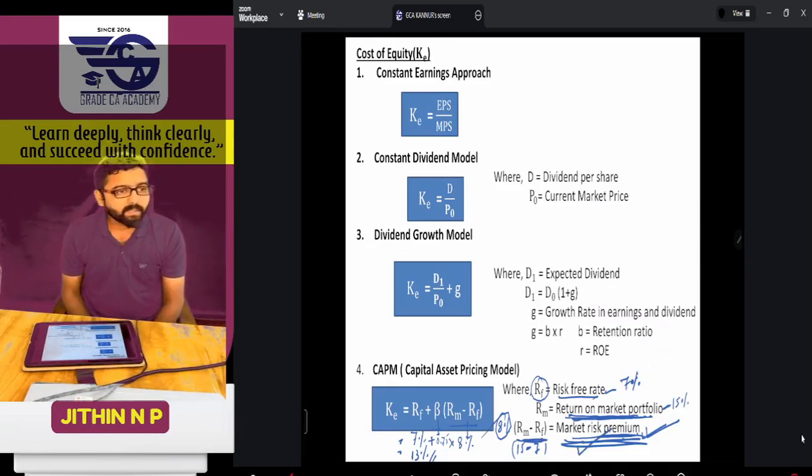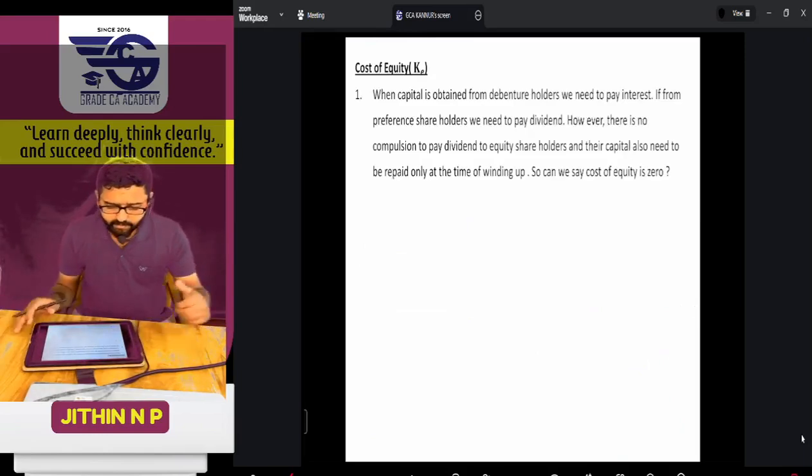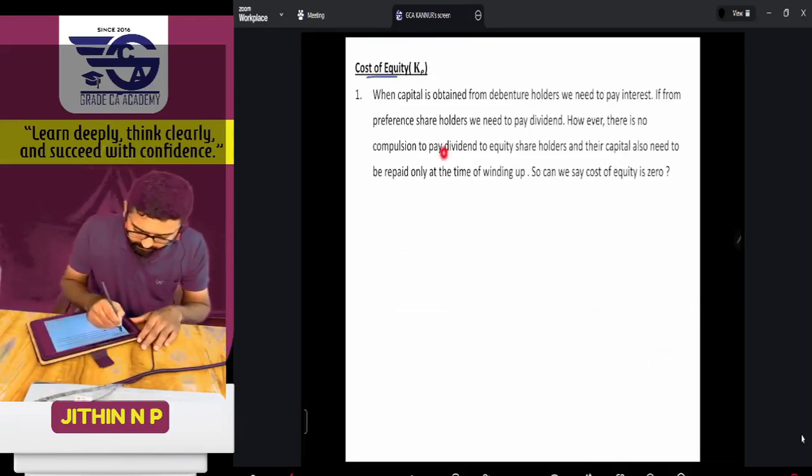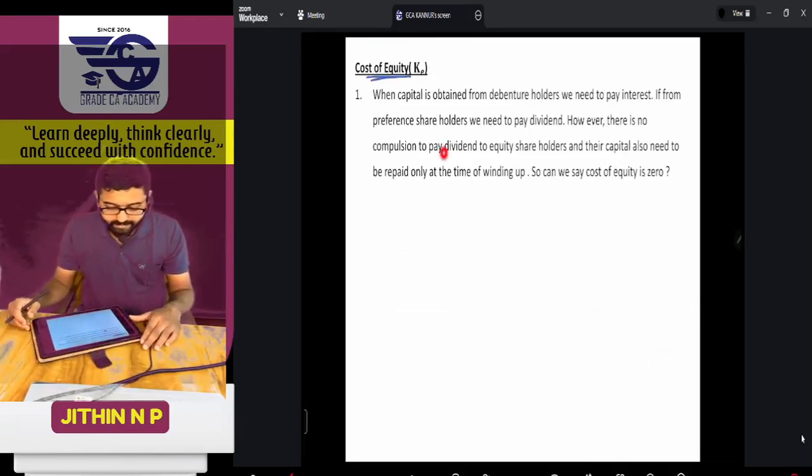If the question gives you risk-free return details, beta details, and market risk premium or market return, in that case you should follow the CAPM model. Clear? This concept, cost of equity, we will discuss once again.